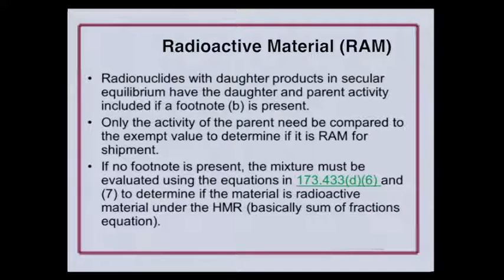In essence, it's the sum of fractions. How much activity is there? How much was the limit? Take that fraction for that isotope. How much is there, divided by the limit for isotope P, plus how much is there divided by the limit for isotope C, and then you add them all up. Everybody with me on sum of fractions? You understand what I'm saying?